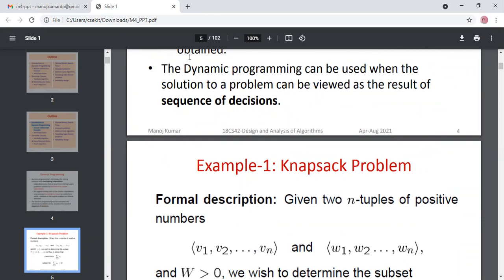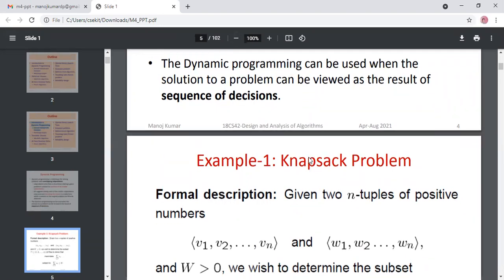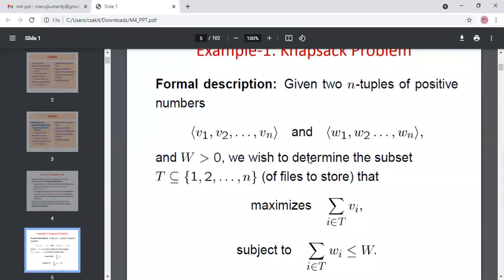Now we come to the examples. First is the knapsack problem, which we have already discussed.